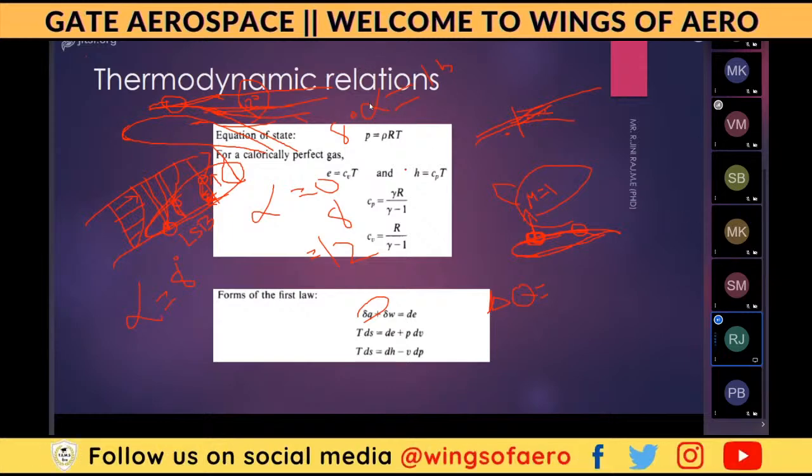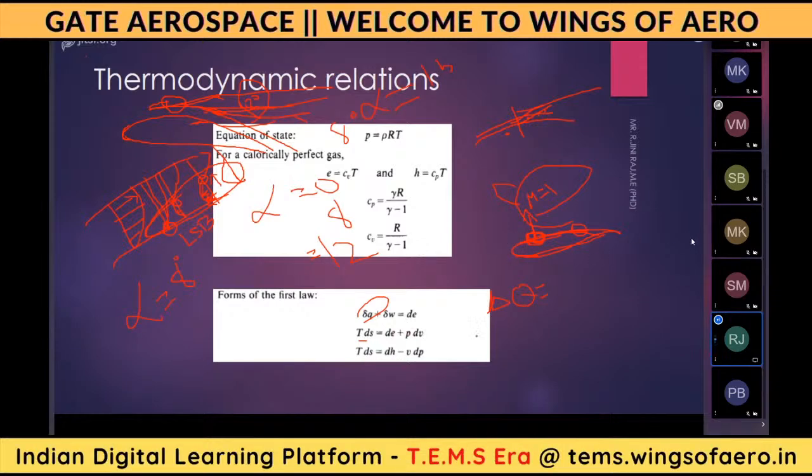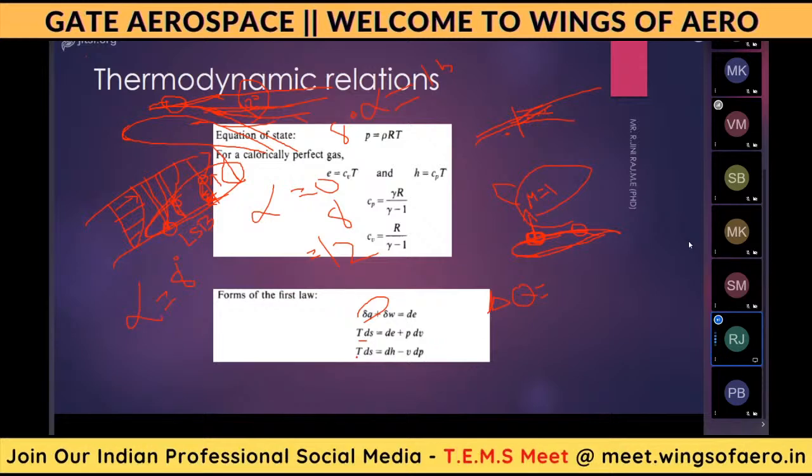So from the first law of thermodynamics, T into ds equal to de plus p into dv. P into dv, that is work. Then another formula, enthalpy h equal to u plus pv. So the formula is T into ds equal to dh minus v into dp.